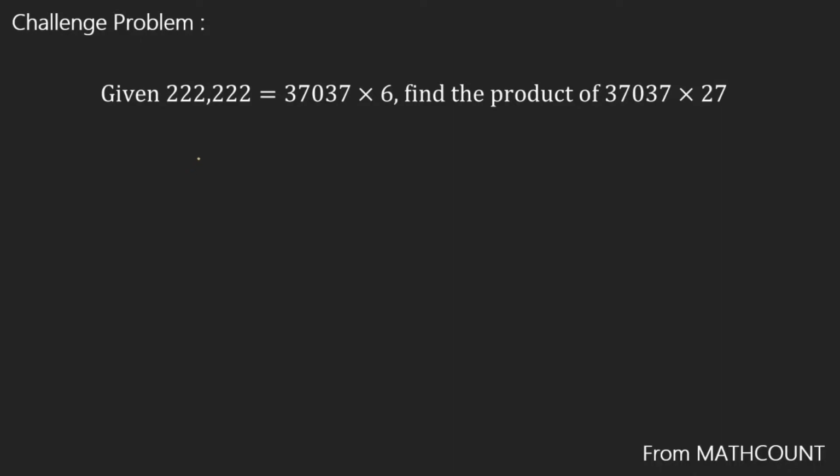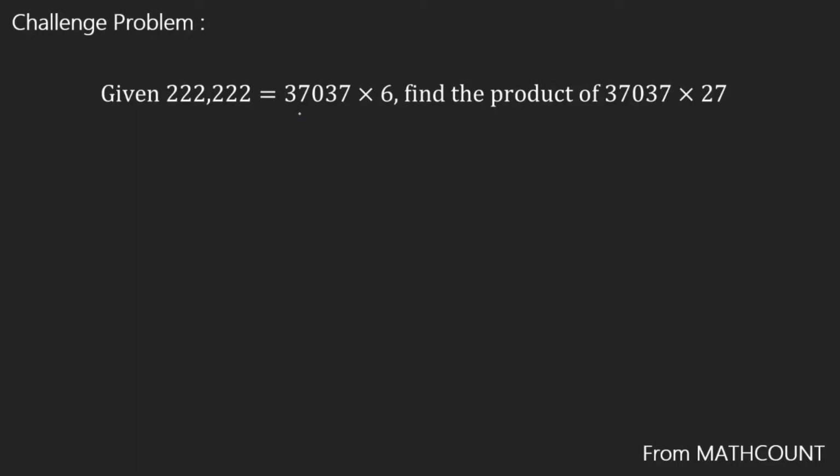So let's look at this challenge problem. Given that 37,037 times 6 is equal to this number, find the product of 37,037 times 27. So let's first explore the relationship of 27 and 6. And why do we want to do that?